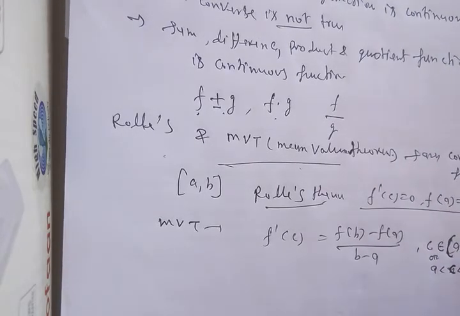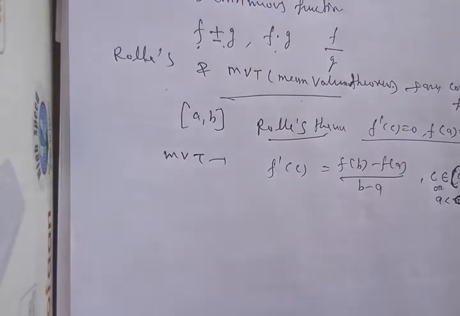Open interval means in between a and b, not a or b. So c is not equal to a and c is not equal to b; c lies only in between a and b.